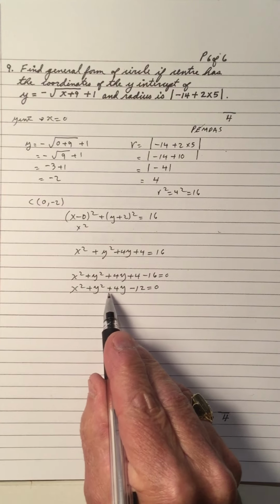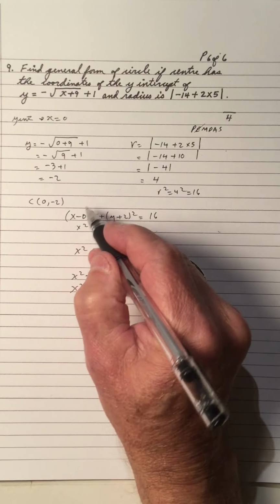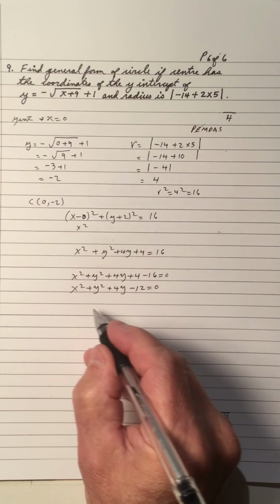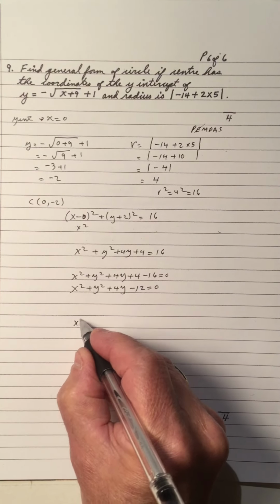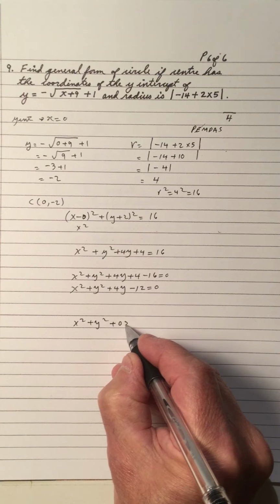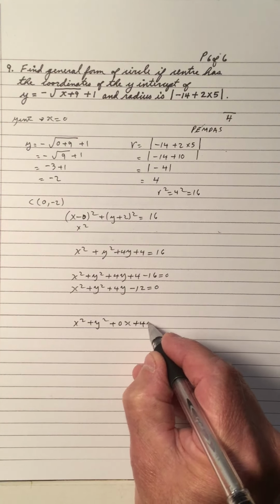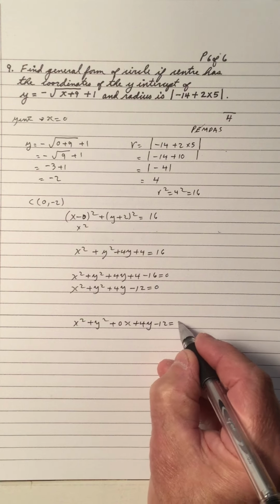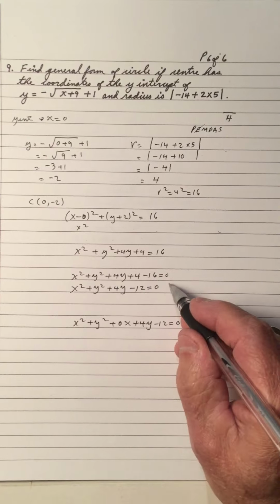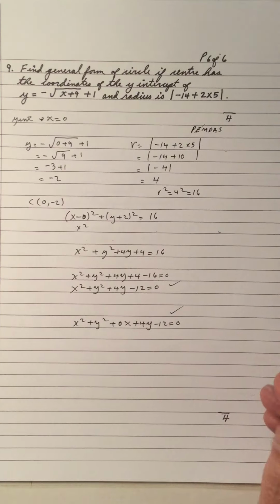Notice there's no x term here because the x coordinate of the center is 0. Some people will say you can do this too and put the 0 in, because this is 0. So you can have that as your answer, or that.